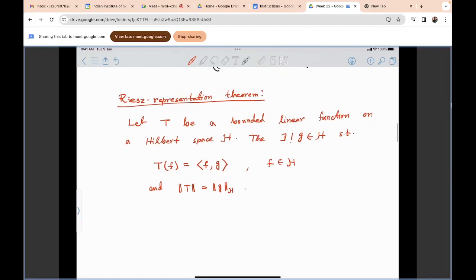So it is saying that any bounded linear functional on a Hilbert space H is given by the inner product with some unique element g, and the operator norm of that functional is the same as the Hilbert space norm of that element g.